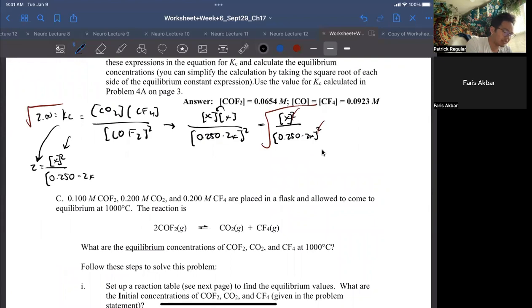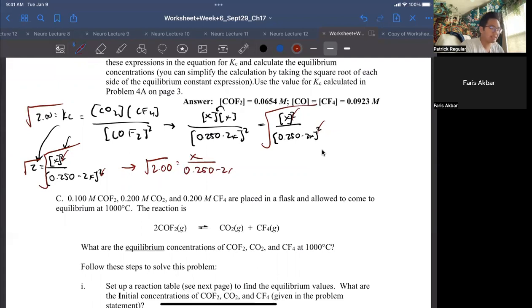Over 0.250 minus 2x, squared. Okay, so we take the square root of our Kc, take the square root of both sides, which is mathematically correct, and cancel out our squares. That means the square root of 2 must equal x over 0.250 minus 2x. The square root of 2 is 1.41.